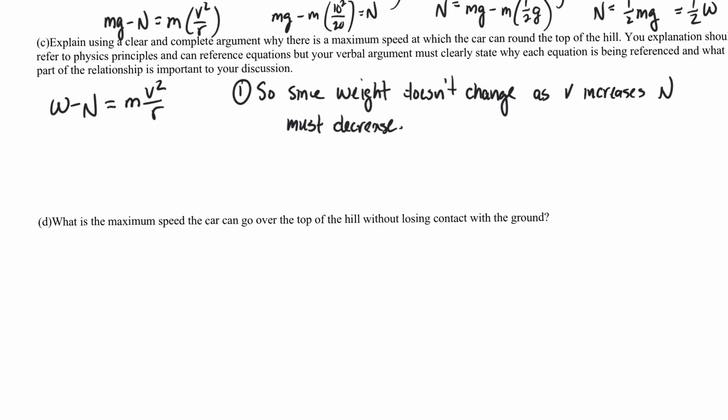That's what that equation says. If the right side gets bigger, the only way the left side can get bigger is to make n be smaller, because I'm subtracting it. I believe you have to make this point.